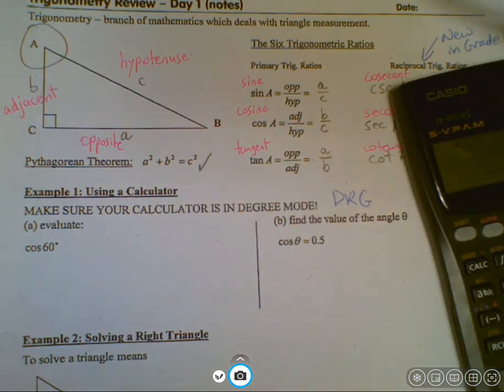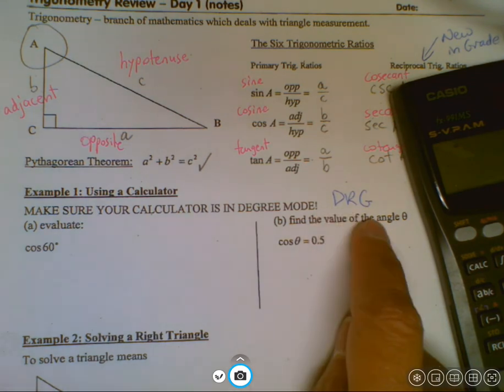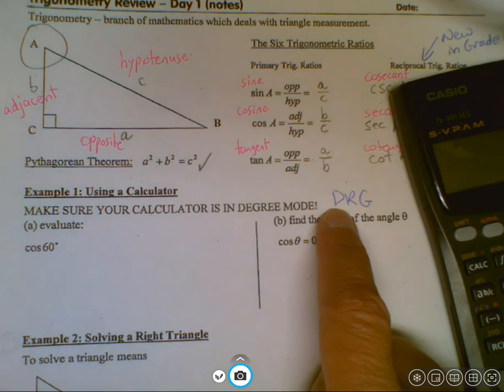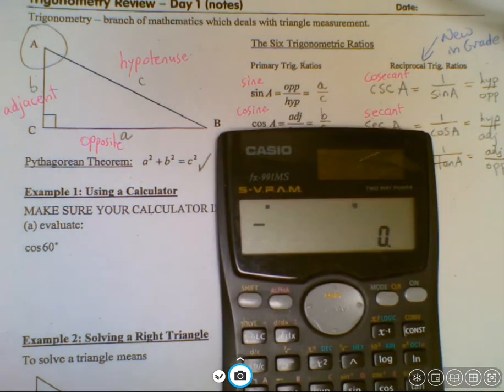DRG button converts between degrees, radians, and grads. Degrees, radians, and grads are different ways that you can name or measure angles. For us, in grade 11, we're using only degrees. And in grade 12, you'll use radians. But for now, we need to make sure that the calculator knows that we're using degrees.